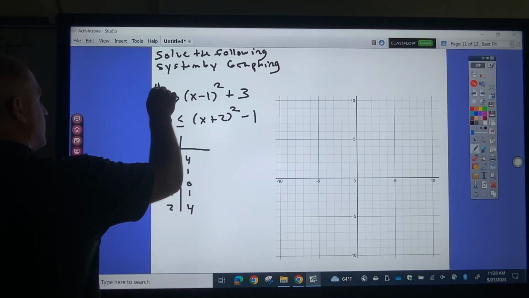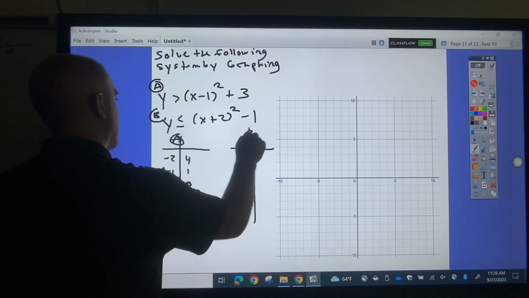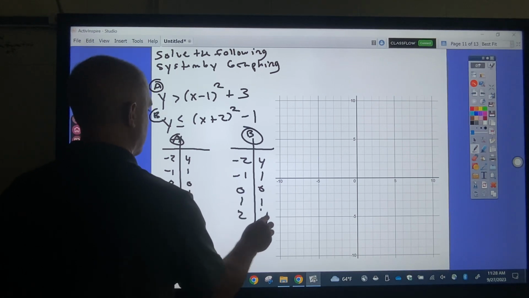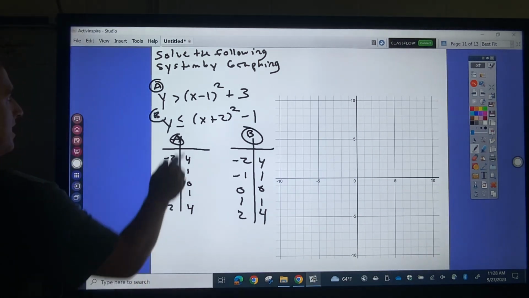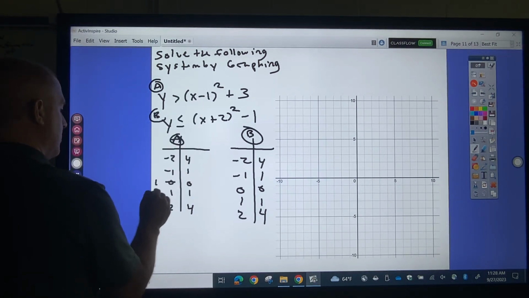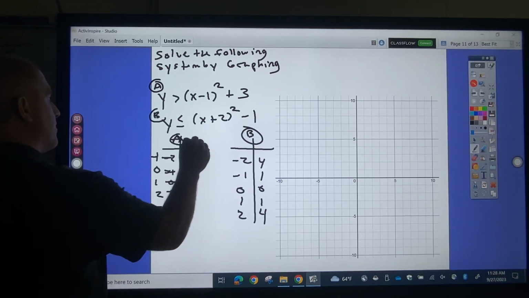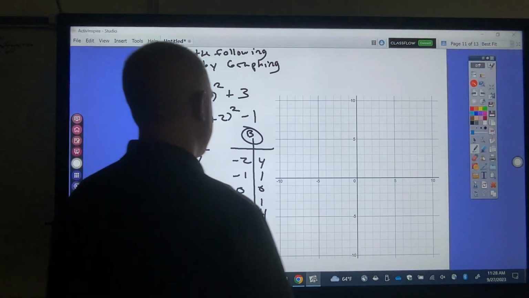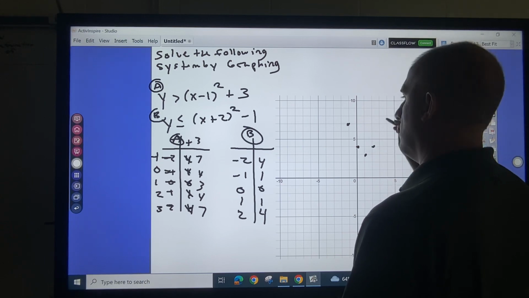Say this is graph A, and this is graph B. On this one, the interval's still going to be 1, so I'm going to add 3 to these, so that'd be 7, 4, 3, 4, 7. So -1 over 7 up, 0, 4, 1, 3, 2, 4, 3, 7.